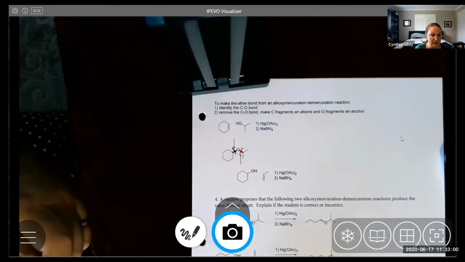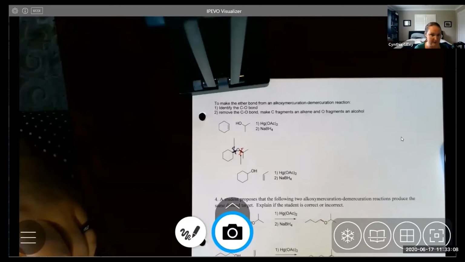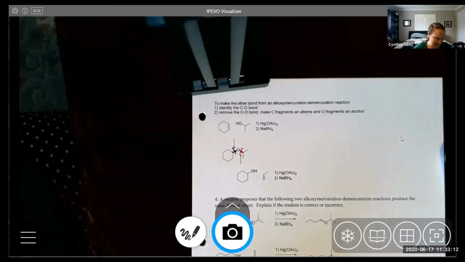So there's two different alkoxymercuration-demercuration reactions from different reagents that would work to make that ether. Okay, so that's the idea.